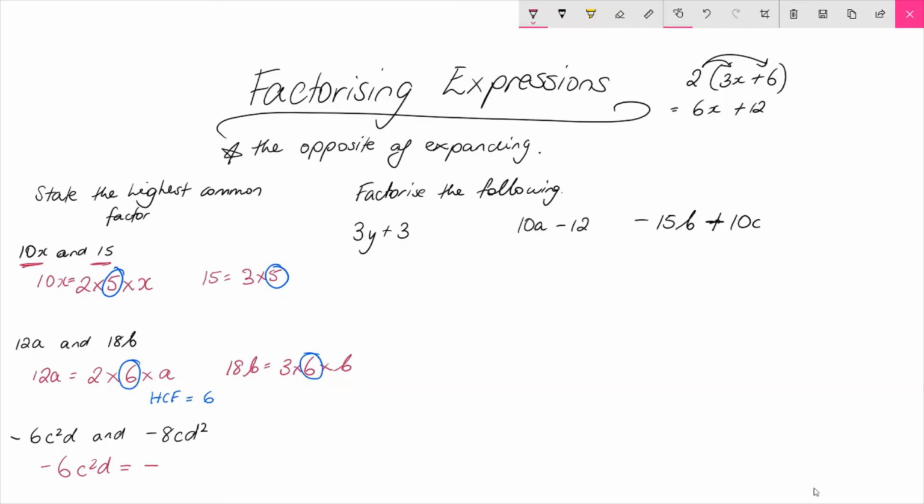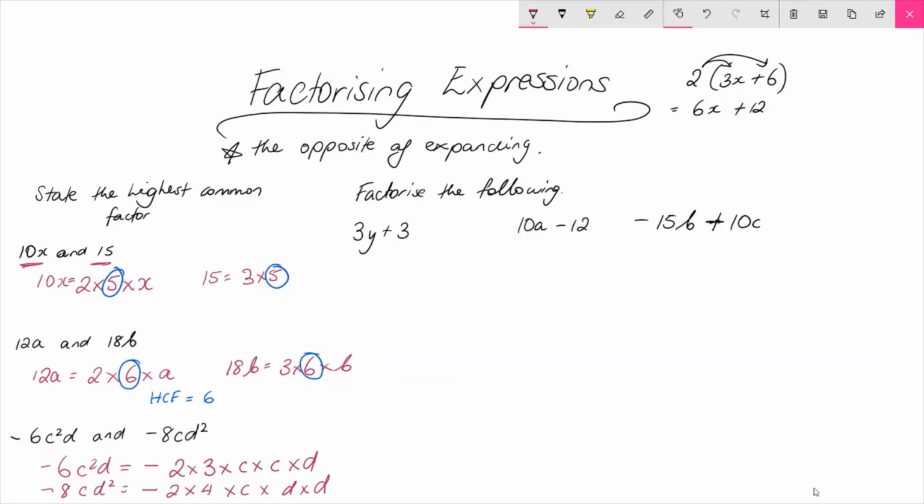So we've got a negative, and then I can pull out 6 and rewrite it as 2 times by 3, times by c times by c times by d, because we have c squared, so we get 2 c's. Now let's have a look at the second term, negative 8 c d squared. That's going to be negative 2 times by 4 times by c times by d times by d.